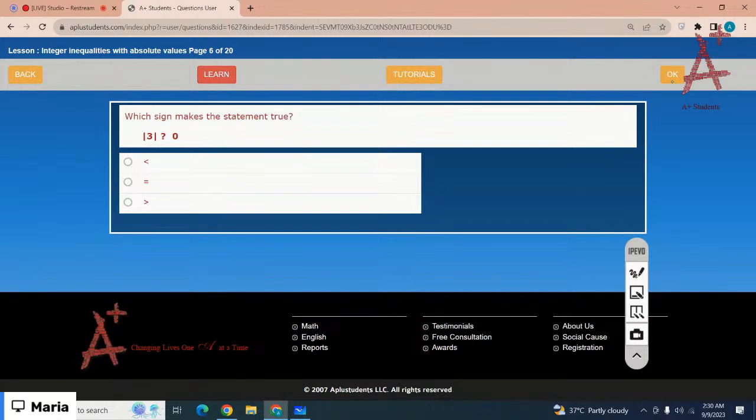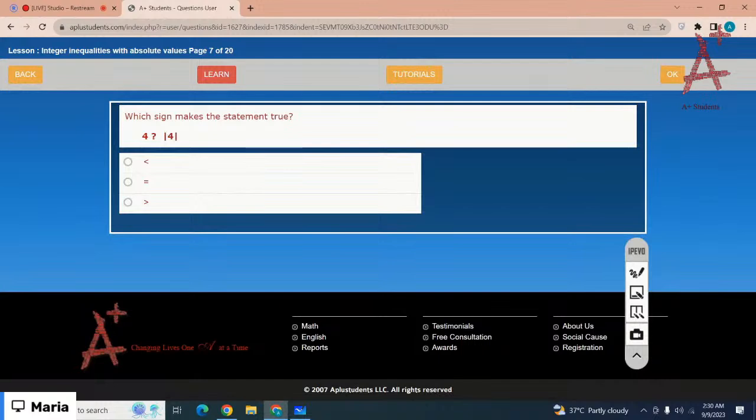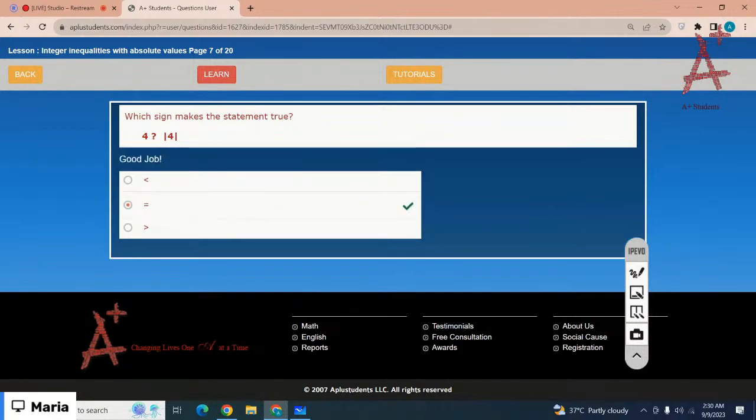Absolute value of 3 is 3, and 3 is greater than 0. 4 and absolute value of 4. Yes, they both are exactly equal.